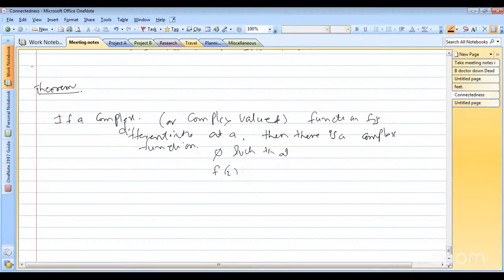f(z) = f(a) + f'(a)(z − a) + phi(z). So what we have is the complex function phi, where the limit as z tends to a of phi(z)/(z − a) is equal to 0.